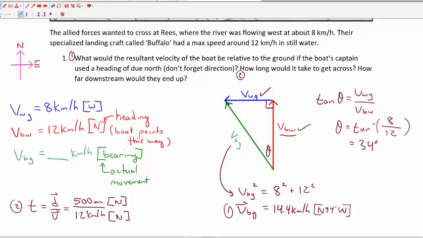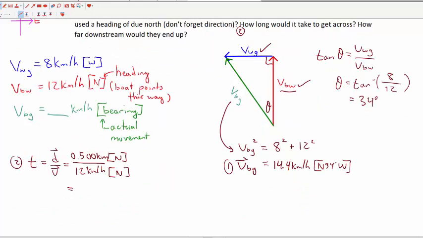So I think it's just going to be simplest to call the half a kilometer just as it is. 0.5 divided by 12 is equal to approximately 0.042 or so. Now the hours, put that into a different perspective. That would take about 2.5 minutes to get across, if indeed it could do this.